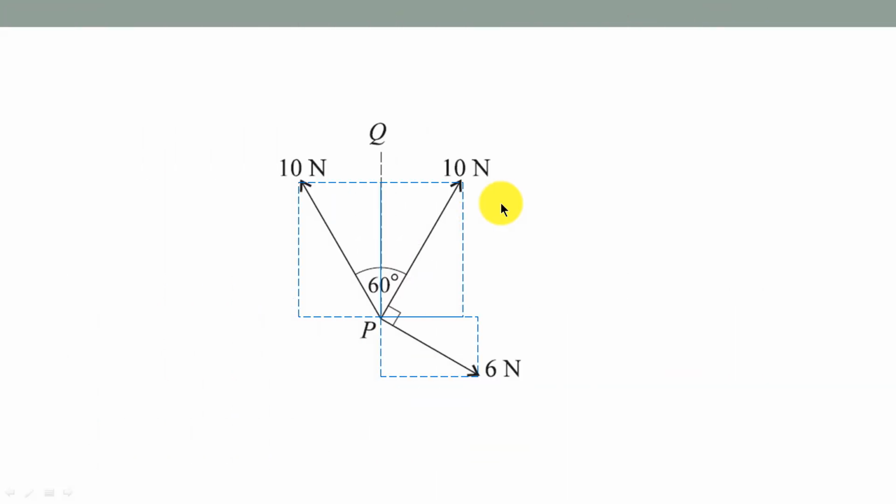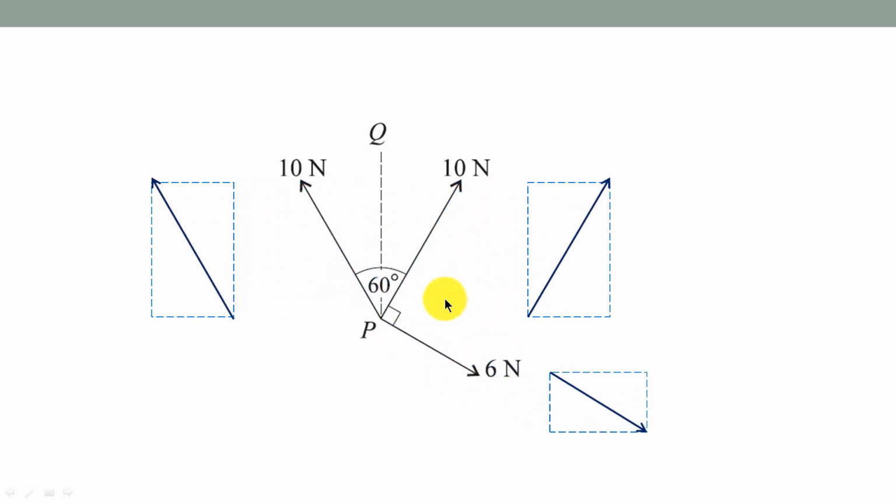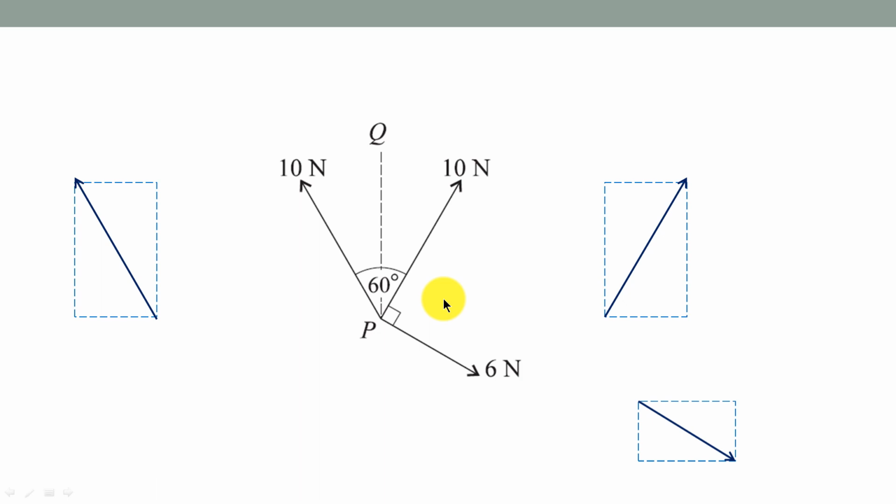In this diagram, we want to look at each force separately. That is, I want to look at this 10 Newton force separately from this one and also from this one. So let's move them aside so that we can study each on its own.